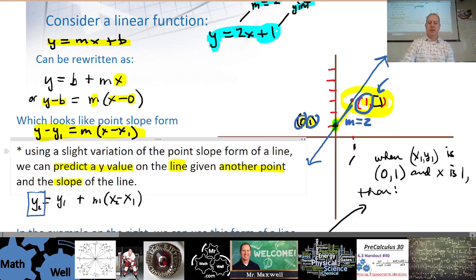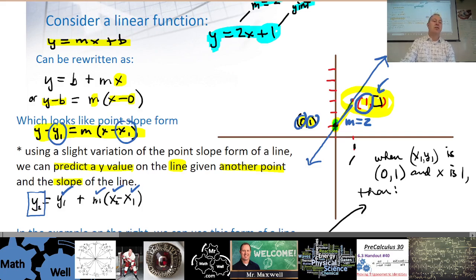So here's x1 in our slope form, and here's y1 in our slope form. When that is given, I'm going to take this y1 over the other side. So this x1 is given. And if I'm given a second x point, this is given, and the slope of the line, this is given, then you see it's easy for me to solve for y, right?